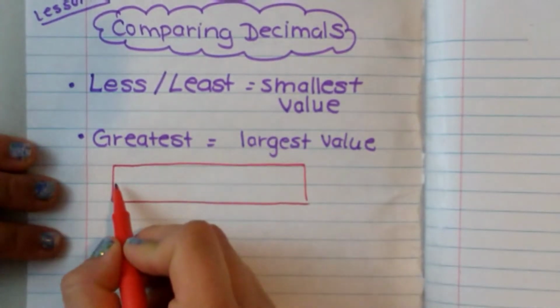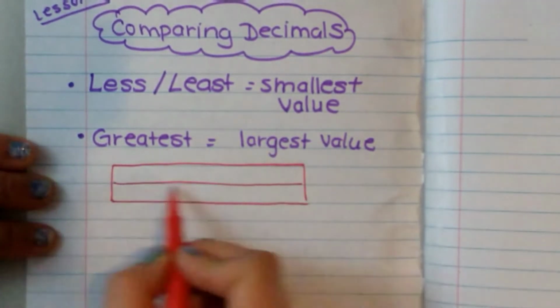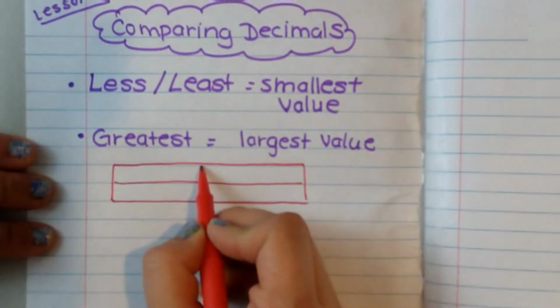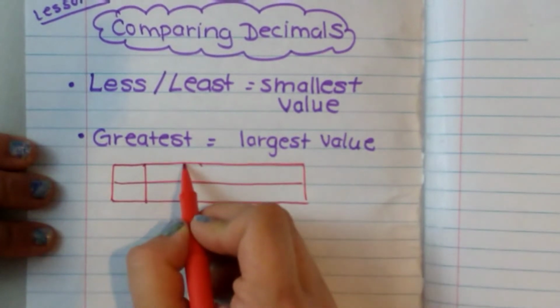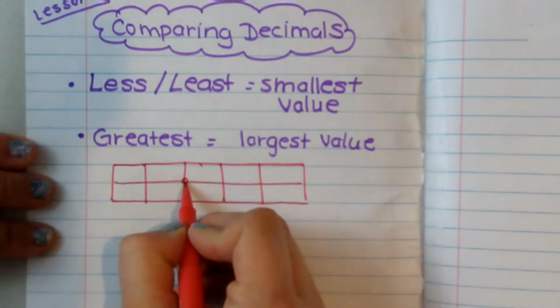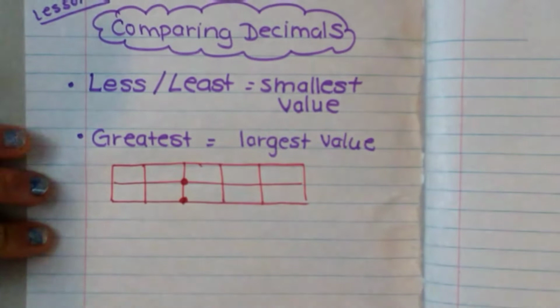So what I'm doing right here is I'm drawing two boxes, or two lines, one for each number. And this will be our decimal right here.